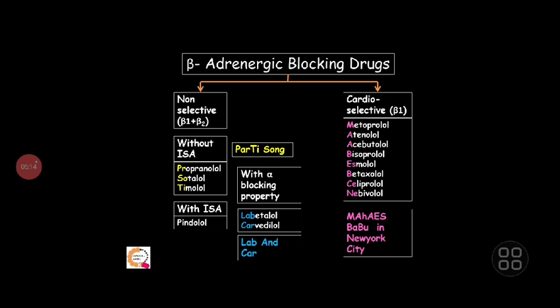Again, I repeat, the trick is Mahesh Babu in New York City. M for metoprolol, A for atenolol, again A for acebutolol, E for esmolol, Babu, B for betaxolol and bisoprolol, in New York, E for nebivolol and city for celiprolol. So it is a trick which is helpful for remembering these drugs.